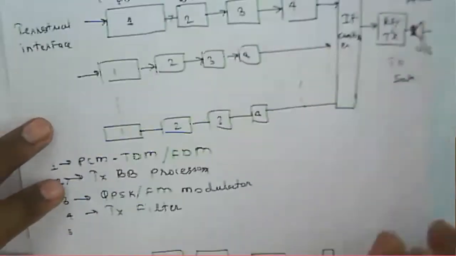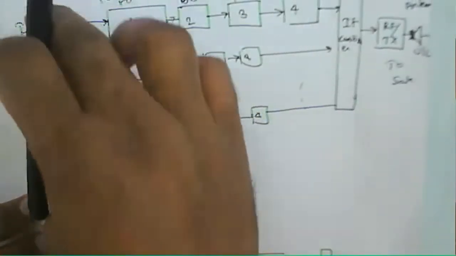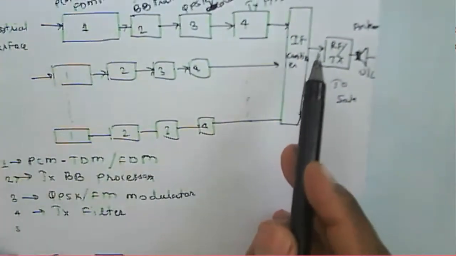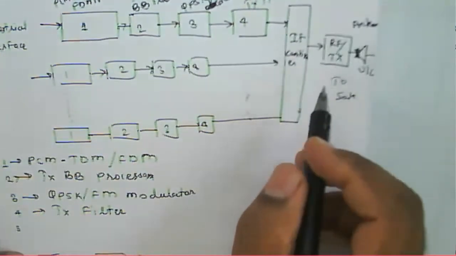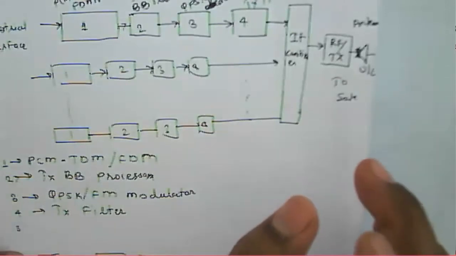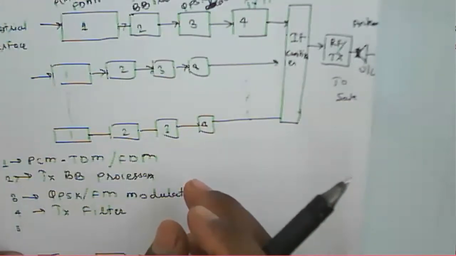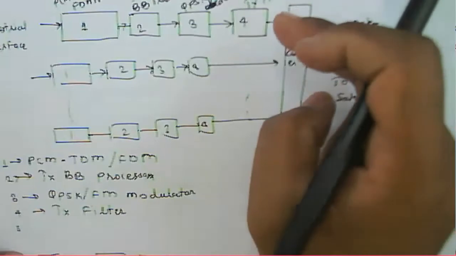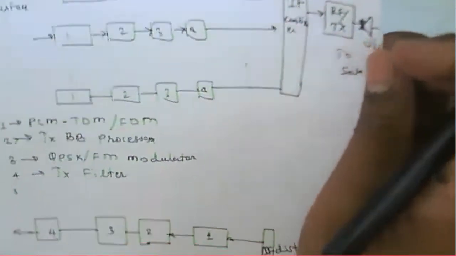If there is any change in the traffic, that is, the number of users at the terrestrial interface, it will alter the bandwidth requirement of the bandpass filter, and a change in frequency will alter the center frequency of the filters there.